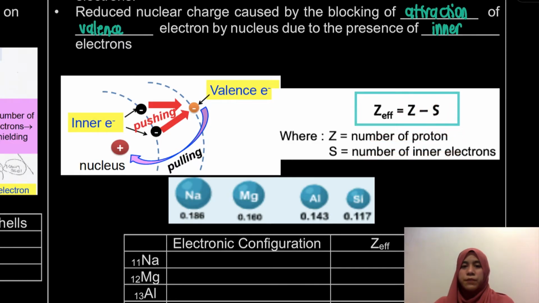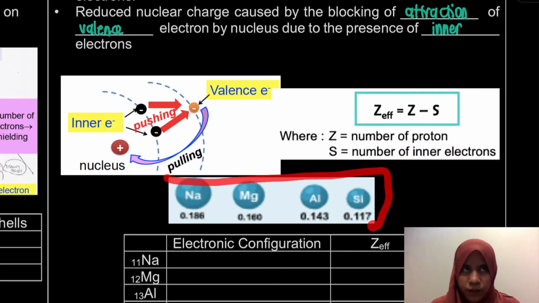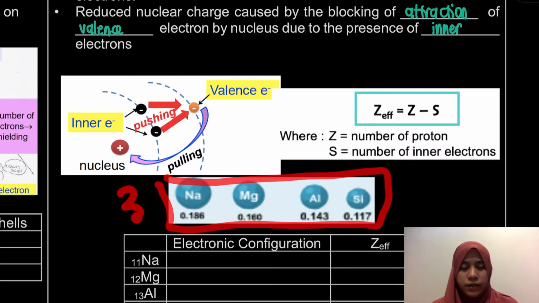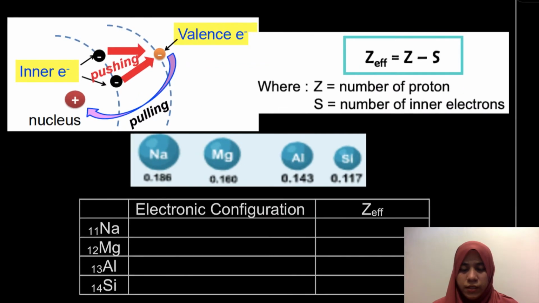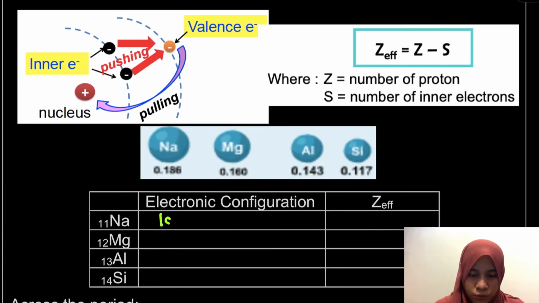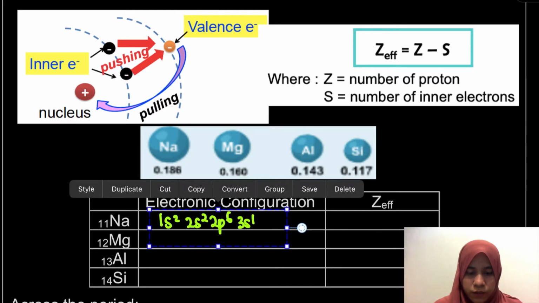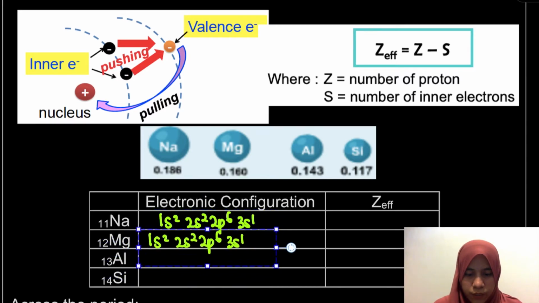Okay, again, here is the example of period 3 elements. So here we have from our sodium until our silicon. So as we can see, the size itself is decreasing. Okay, so let's look a bit at the calculation itself. So the electronic configuration for this one will become 1s2, 2s2, 2p6, 3s1. Because the difference is we're going to add one more, kan?